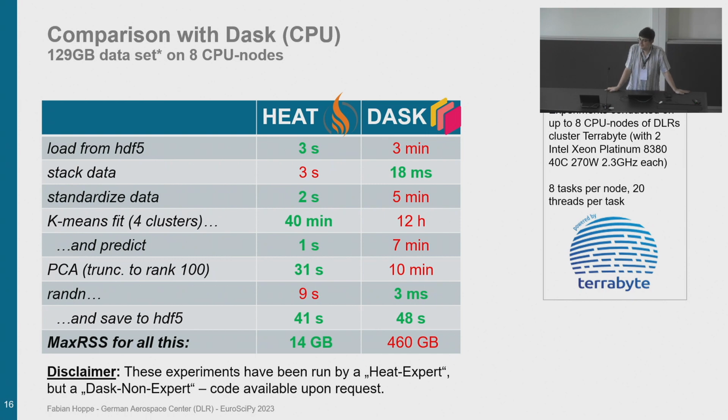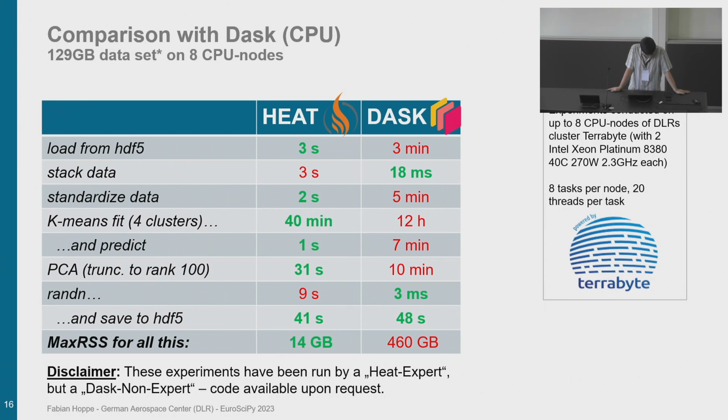Let me briefly show you a comparison to Dask. With a short disclaimer: this has to be run by me, and I'm rather a Heat expert but a Dask non-expert, so maybe the Dask part is not optimally tuned. I also want to stress that Dask can do much, much more than Heat. What we see here is that we have optimized Heat for those tasks it can do, and for many things it is much faster than Dask, at least on a CPU.